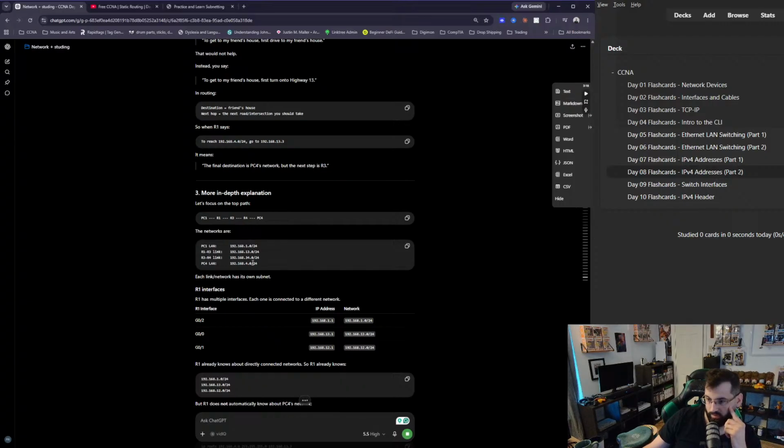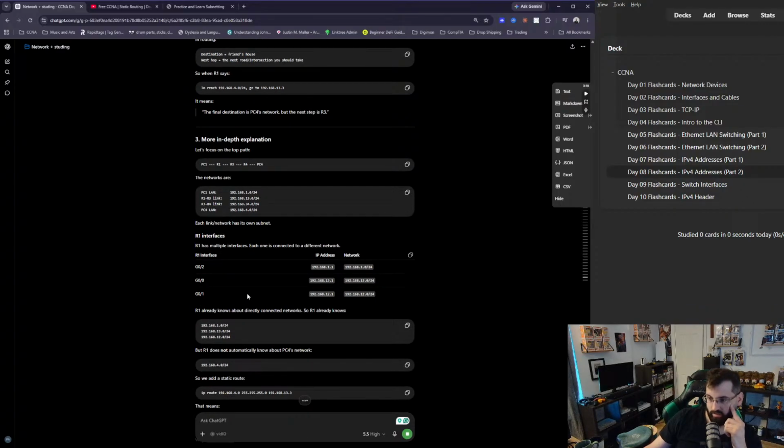R3 to R4, the link is that. PC4 is this. Each link or network has its own subnet. Yes, so exactly what I just said is true. R1 interface. Yes. So what I was just trying to explain is correct. Now the question is, did I explain it correctly?